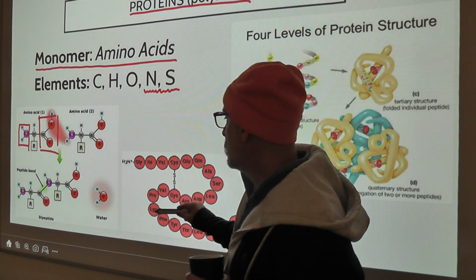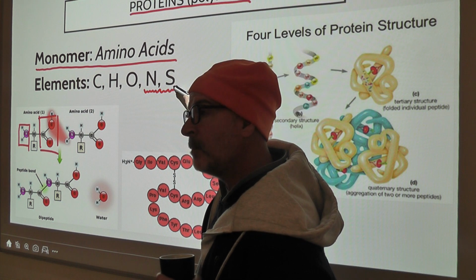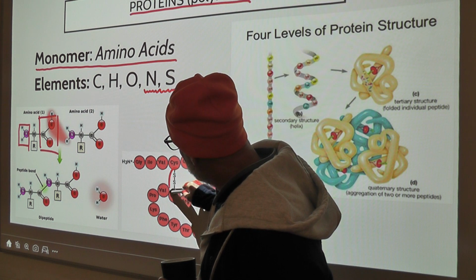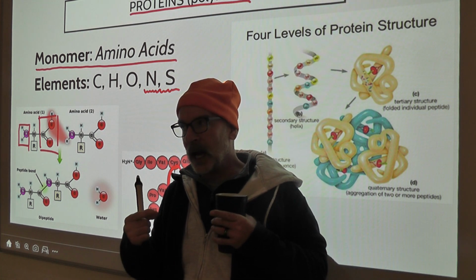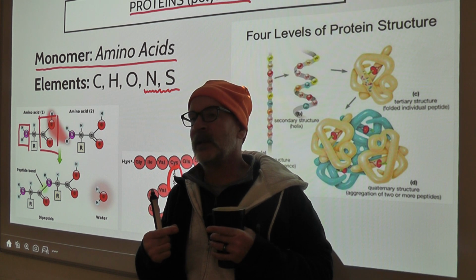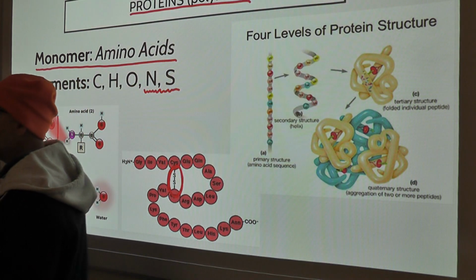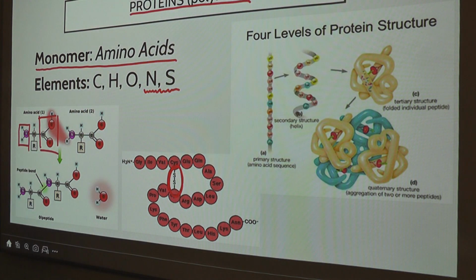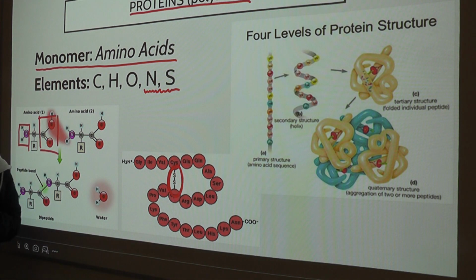This is a really good example, because if you have R groups with sulfur in them, they can make little connections. Those sulfur atoms kind of stick together just a little bit. It's not a super strong connection, but it's enough that it can change the shape of a long chain of amino acids. And that, for the record, is how hair gets curly.